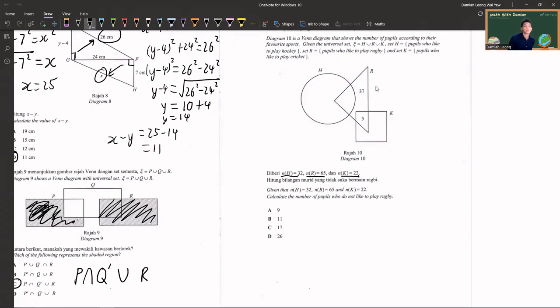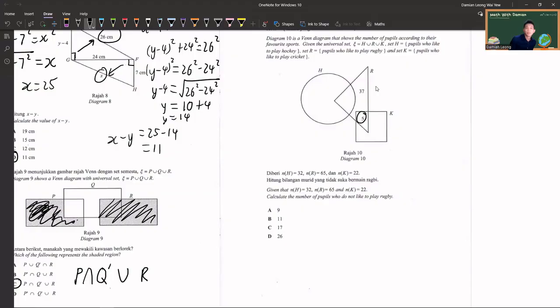So we have the number of students for the whole set. Okay, dalam seluruh set H, seluruh set R, dan seluruh set K. So if all the parts in that set add together is equals to these three, I can find out the different parts. So if I consider here, the whole set K is 22.